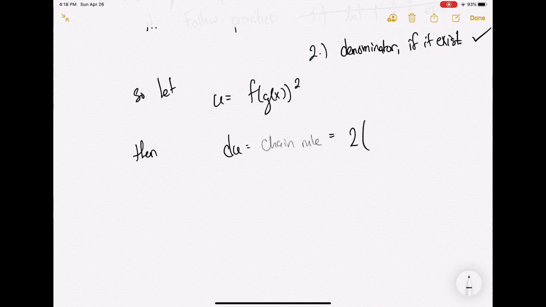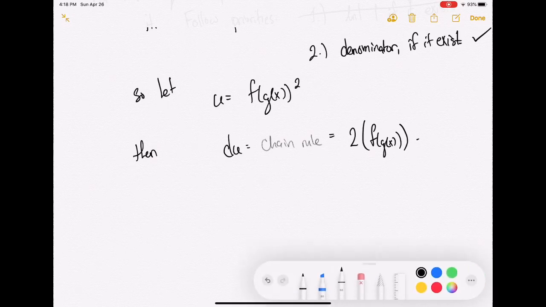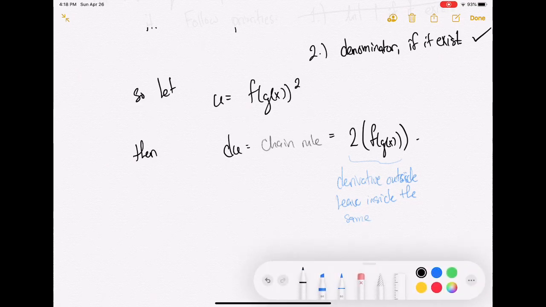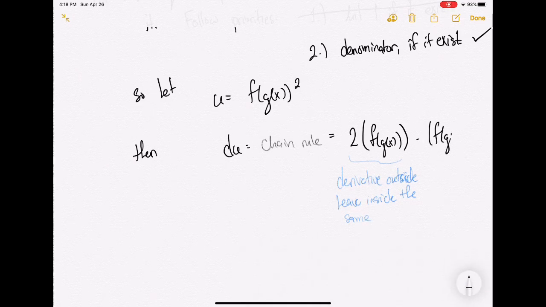There's really an extra parenthesis sitting around, so 2 f of g of x to the first power times the derivative of the outside, leave the inside the same, multiplied by the derivative of the inside, that's f of g of x prime.